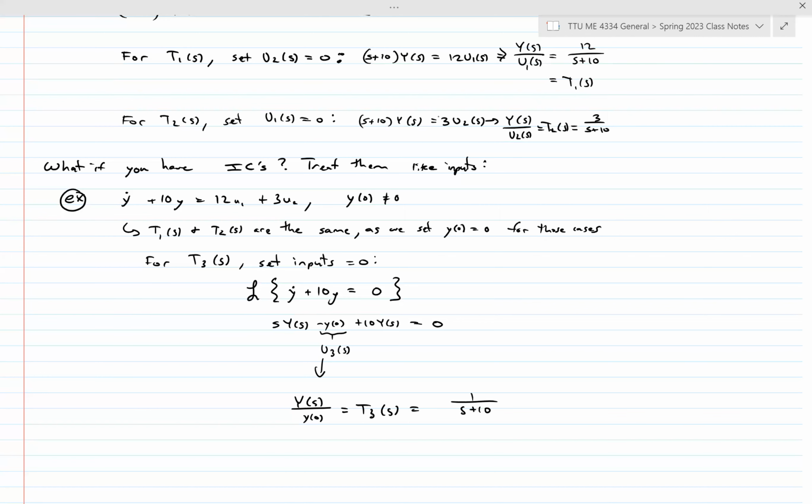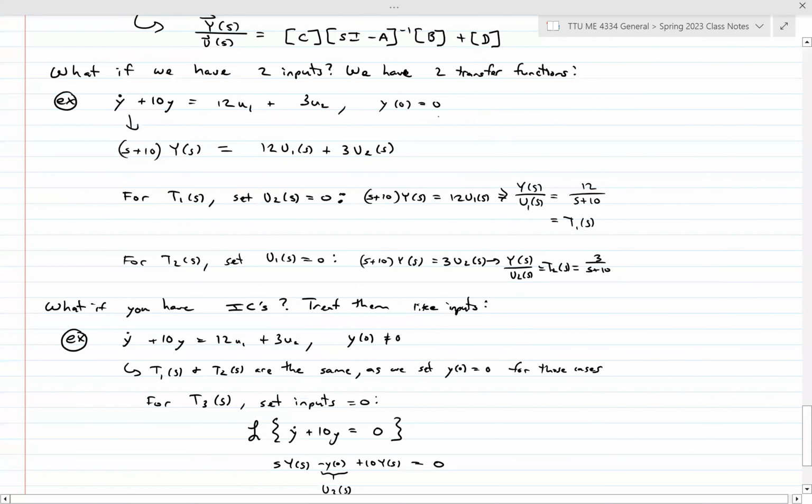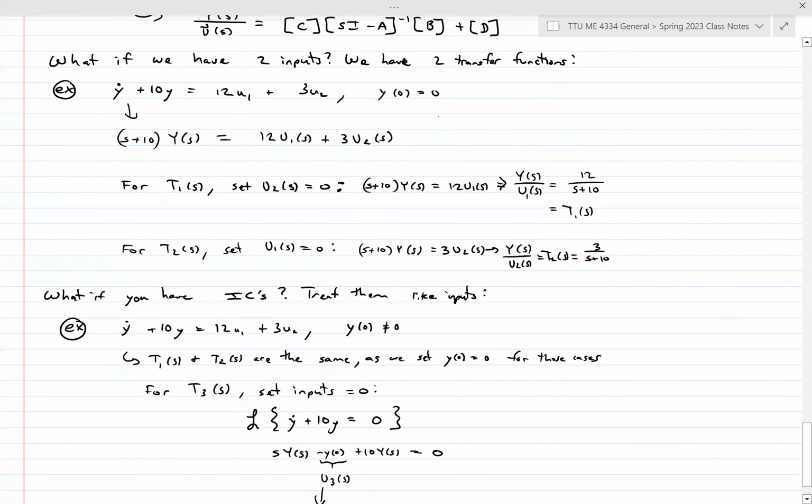So for T1 of S, set U2 of S equal to 0 and Y0 equal to 0. That's how I would define it. Does that answer your question? Yeah. I wouldn't actually call U of 0 or Y at time equal to 0 as U3, but if you want to think about that, you can go about that way.